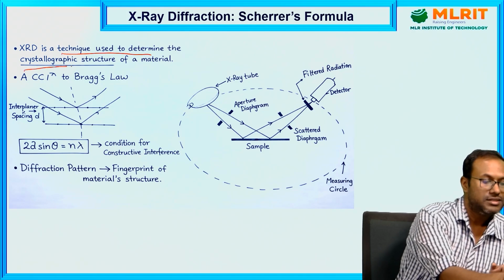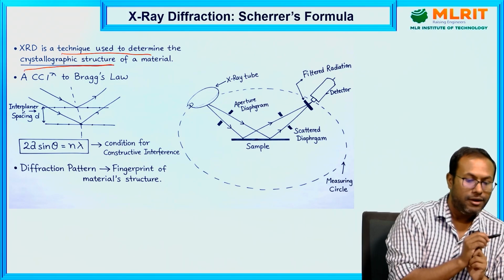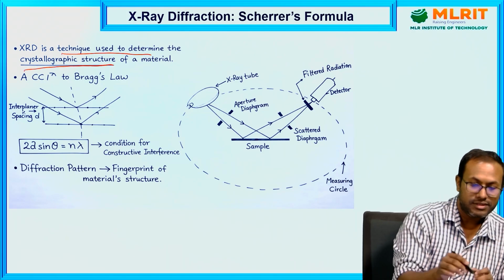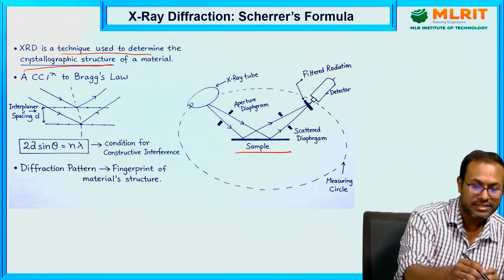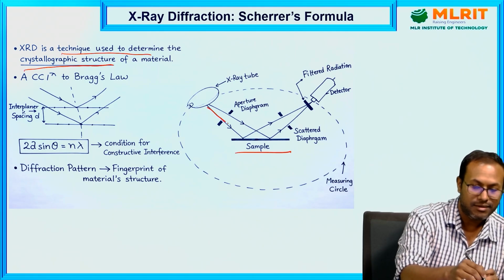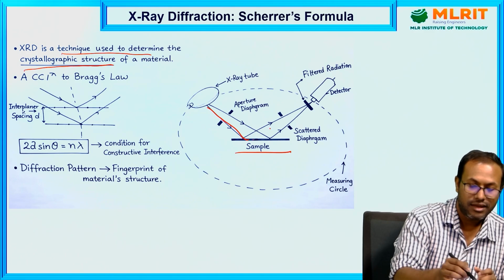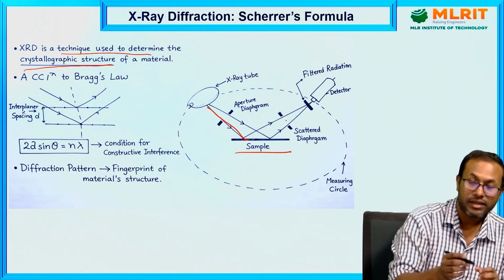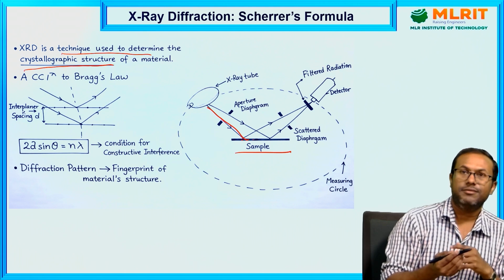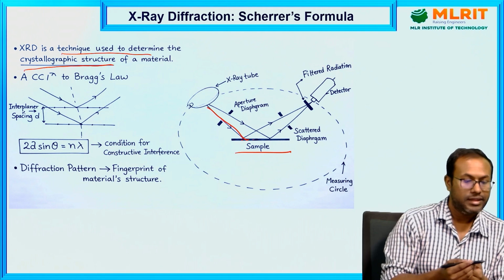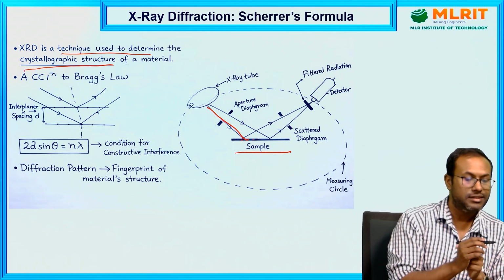Now this is a simple diagram. Suppose one sample is there, there is an X-ray tube, from there light is coming and falls on the surface, and those are reflected, and those reflected lights interfere. When constructive interference happens, the diffraction patterns form, and that is given by Bragg's law, 2d sin theta equals n lambda.